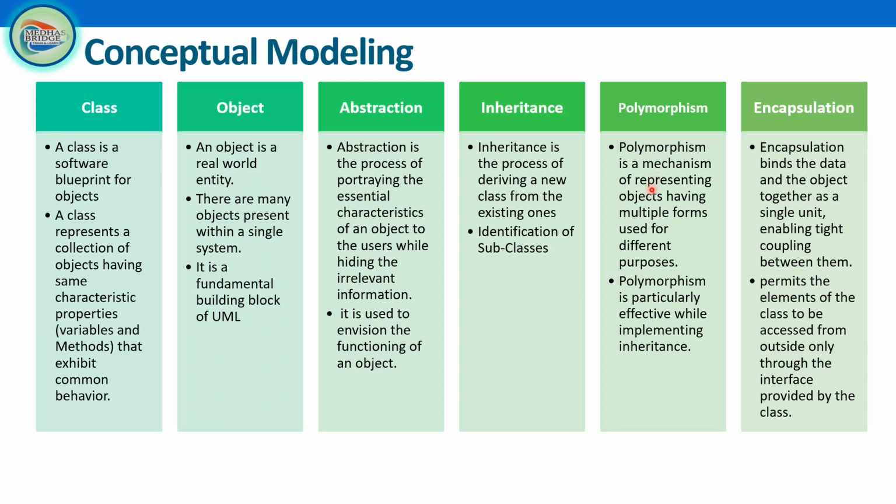Polymorphism, on the other hand, is a mechanism for representing objects having multiple forms used for different purposes. Polymorphism is particularly effective while implementing inheritance. Encapsulation binds the data and object together as a single entity, enabling tight coupling between them. It permits the elements of the class to be accessed from outside only through the interfaces provided by that class.